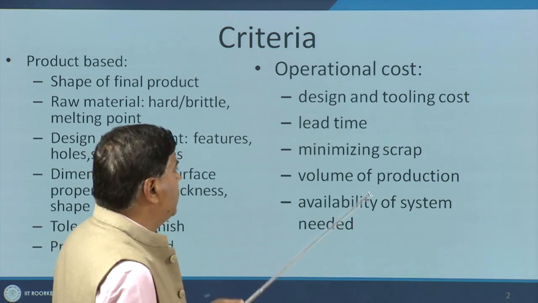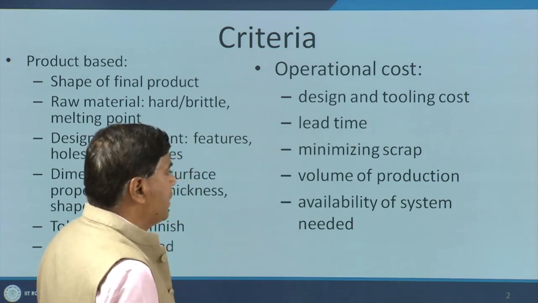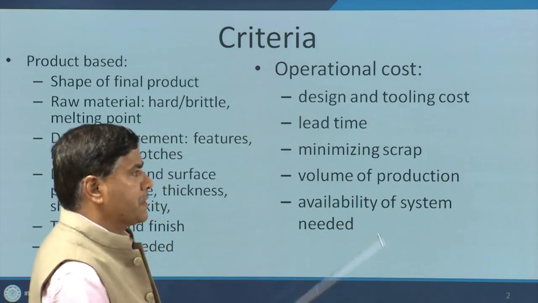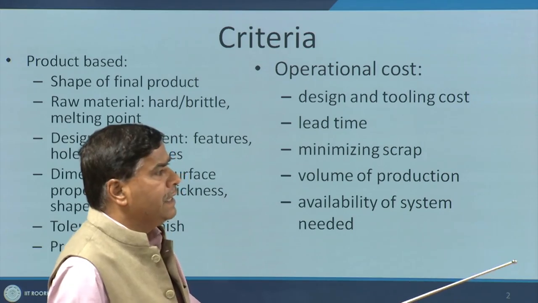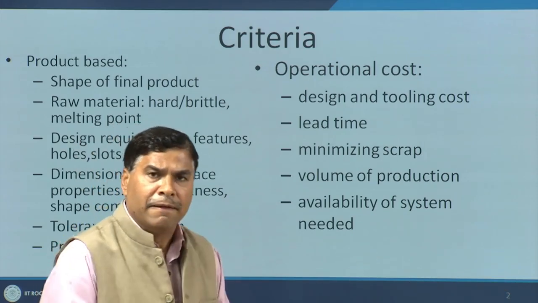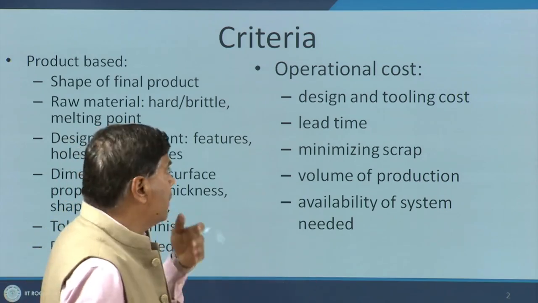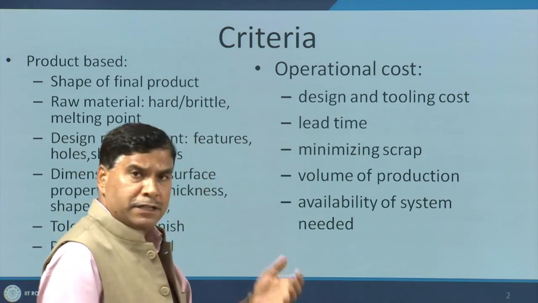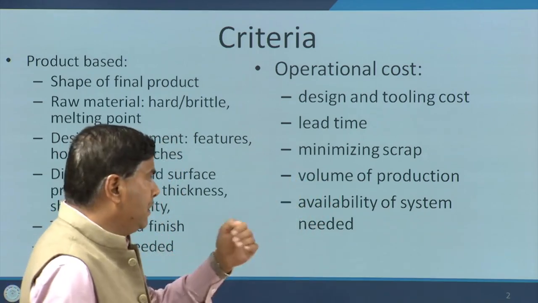And for that, we need to see how much design and tooling cost is involved for making a particular product using a process, because for casting, forming, machining, welding, heat treatment and super finishing we need one or other kind of equipment. If that is available, it is fine. If it is not, then we need to make it or arrange it.